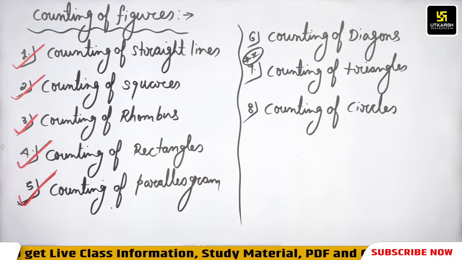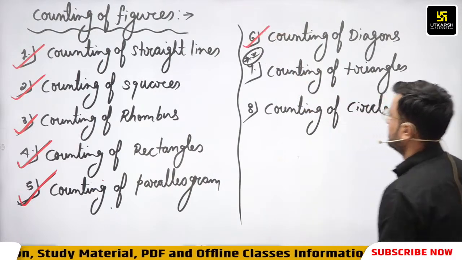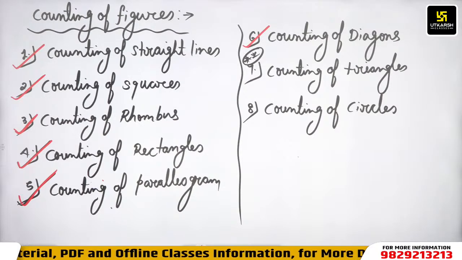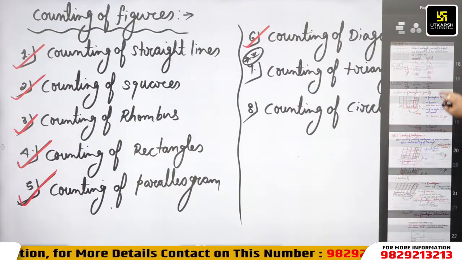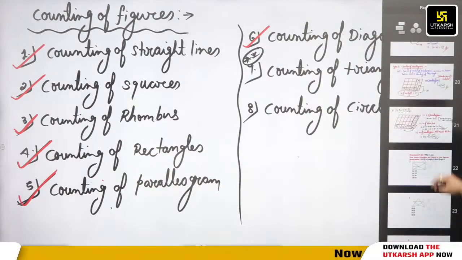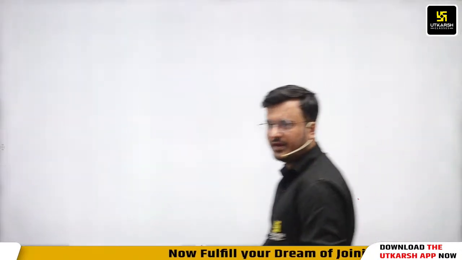Now we are moving forward to the next concept, counting of diagonals. The sixth one is counting of diagonals. Type number 6, counting of diagonals.